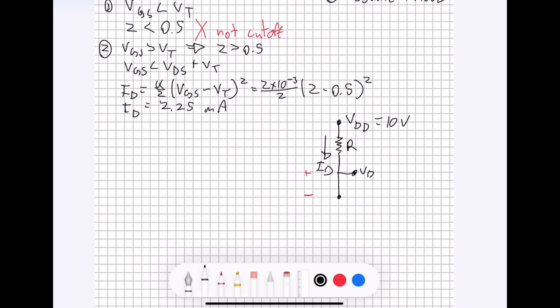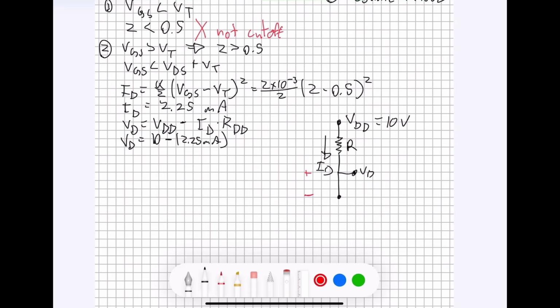And so the way that we can figure out what VD is going to be equal to is we can say that VD is equal to the total voltage drop minus the voltage drop across the resistor, which is going to be, by Ohm's law, ID times RDD. And then if we plug in our known values, VDD is 10 volts minus 2.25 milliamps.